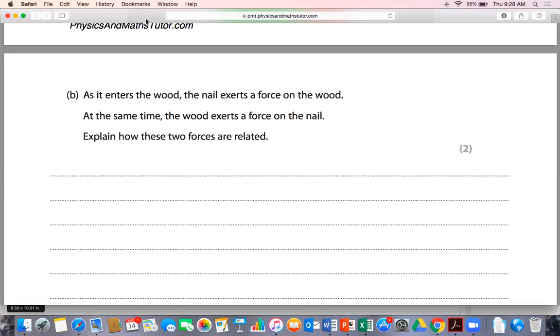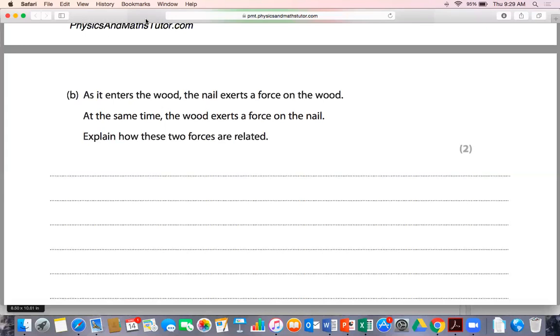Which means the force exerted by the wood on the nail is also equal to the force exerted by the nail on the wood. But why is it that the nail gets to penetrate the wood? Actually, the nail is sharper, with a smaller surface area. But what we don't see is that the wood is also going into the nail, not just the nail going into the wood.